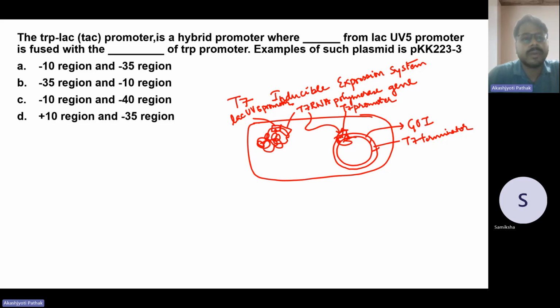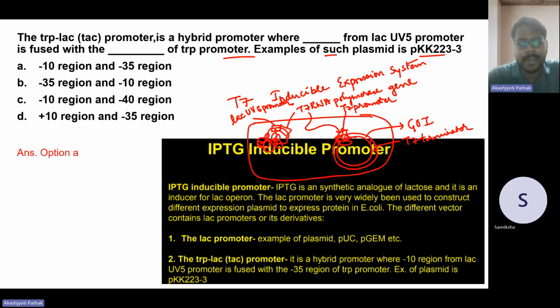It is a hybrid promoter where the -10 region from the LAC UV5 promoter is fused with the -35 region from the TRP promoter, and that gives the plasmid pKK223. So different engineered bacterial strains and vectors have been designed which have high affinity for these RNA polymerases. This is the vector pKK223.